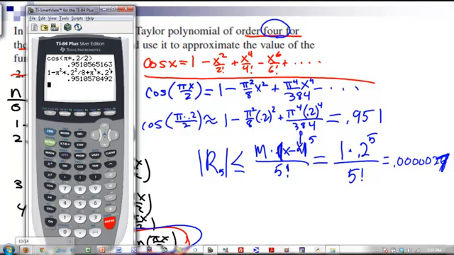So the first number is the real value, the second number is our estimated value using only a 4th order polynomial.